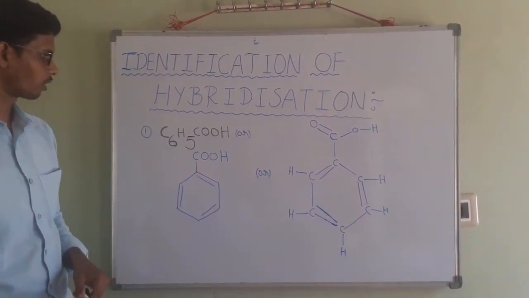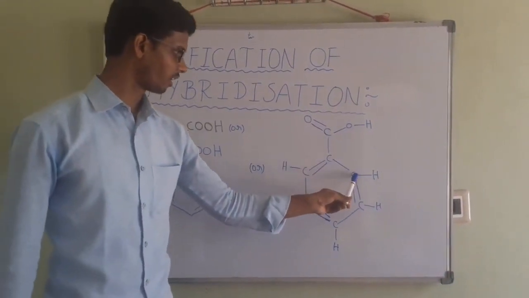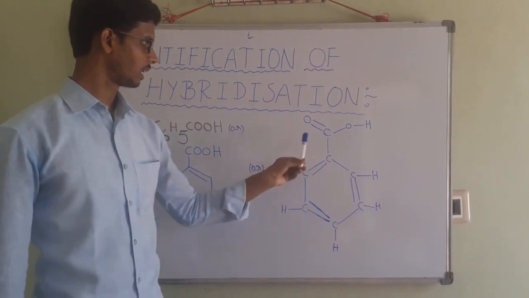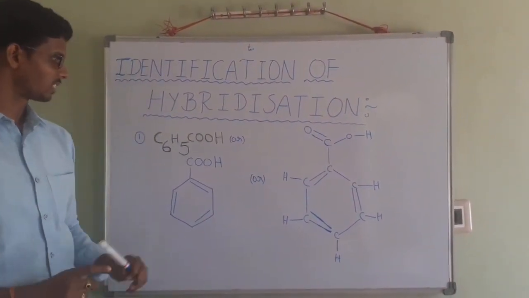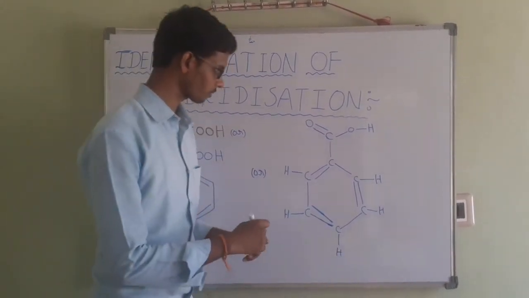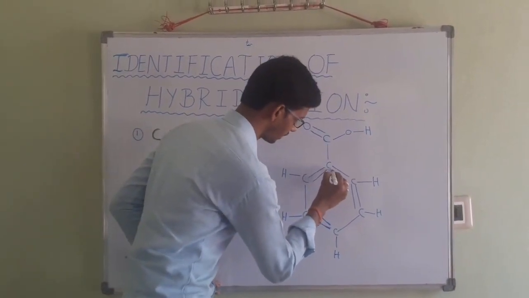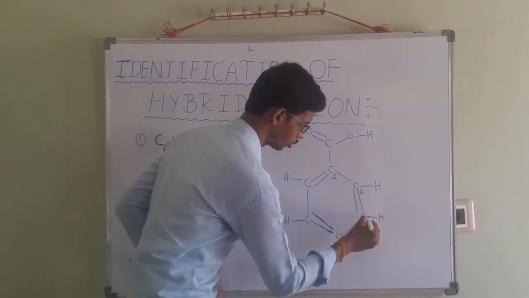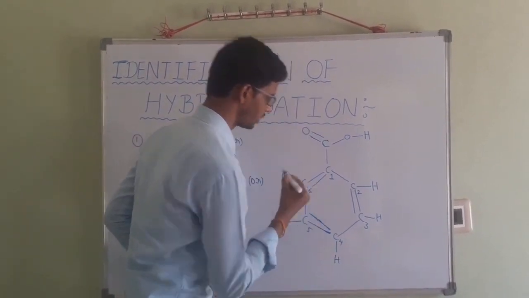Let us find out how to identify the hybridization of different carbons in benzoic acid. First of all, C6H5COOH has an aromatic ring. This is considered as the first carbon: 1, 2, 3, 4, 5, 6.